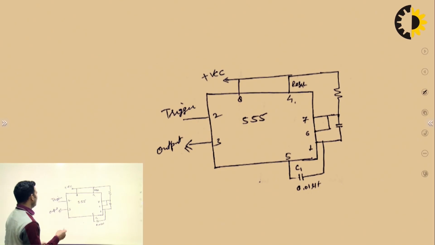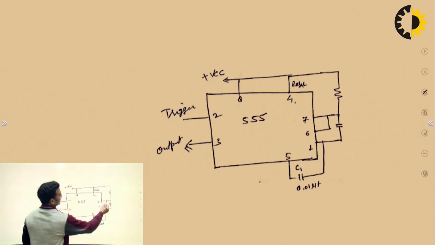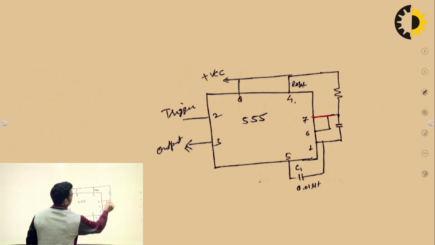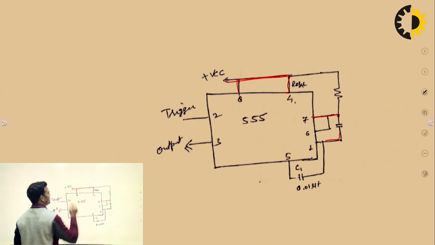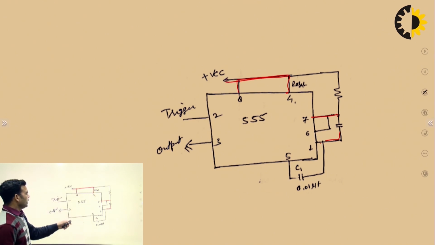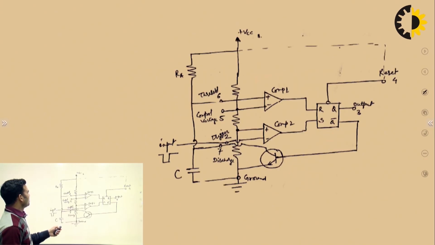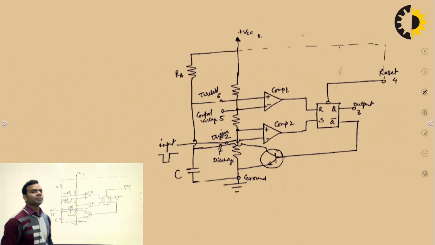You can connect one resistor between pin numbers 7 and 6, between 5 and 1, and between pin number 4 there should be a resistor. These two should be connected together with VCC. Then this circuit will start behaving as a monostable multivibrator.